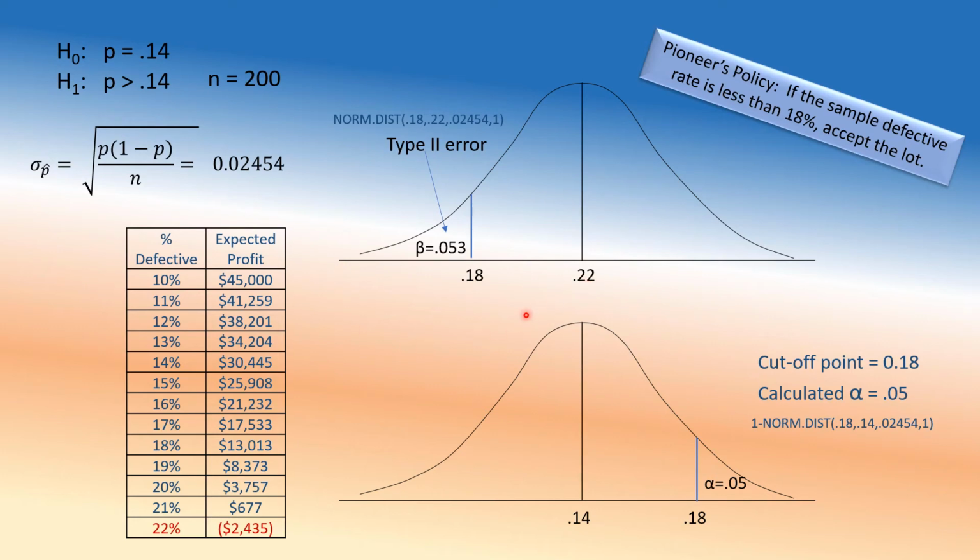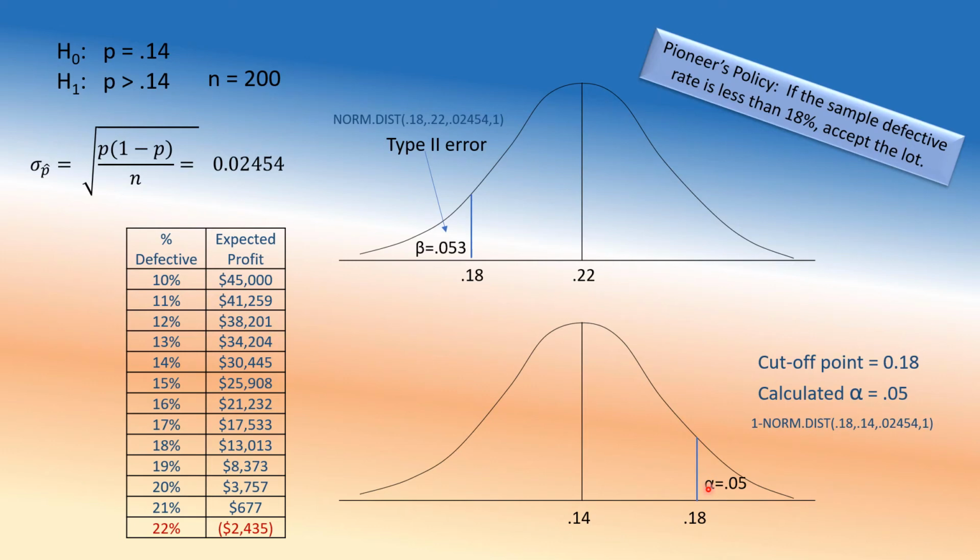We can also say it this way: if the actual parts are 22% defective, there's a 5.3% probability that we are going to accept the lot because of this rule. Sample defective rate is 18% or less, accept the lot. So, type 2 error probability now is 0.053, 5.3%. And this is what type 2 is all about.